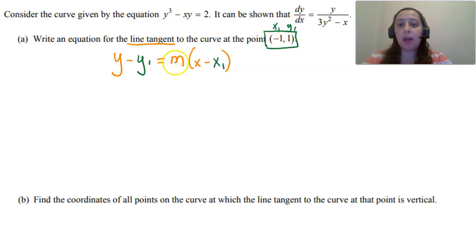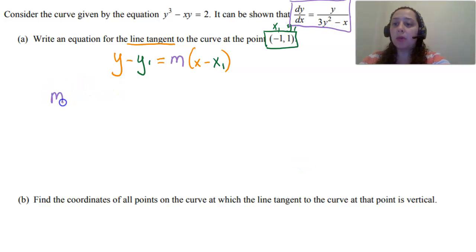And to find our m, well, m is our slope, and slope is our derivative. So to find this m, we're going to have to find dy/dx at the point (-1, 1). So we're going to plug this point into this equation.